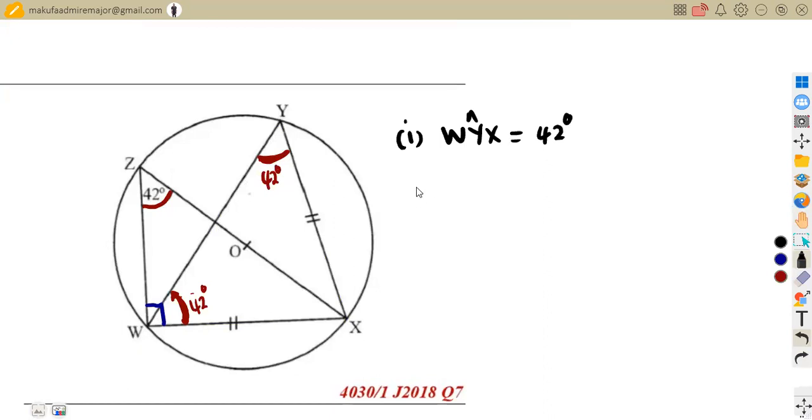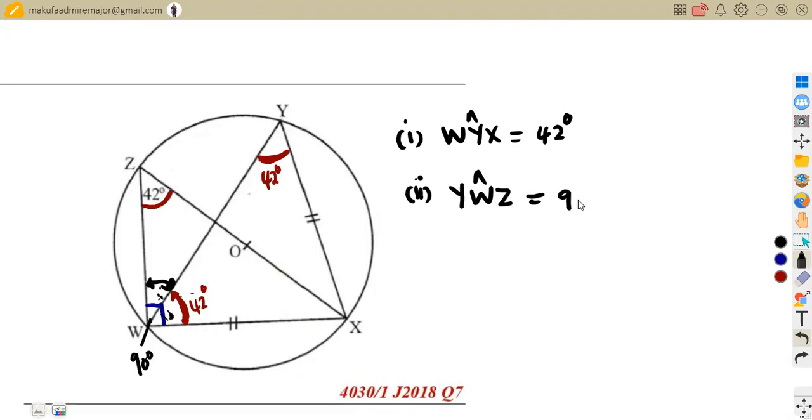The other angle we were asked to calculate is YWZ, that is Y to W to Z, this one that is remaining here. Remember, we said this angle is 42, and the whole angle at W is 90 from the diameter. So these two angles added up must give us 90.